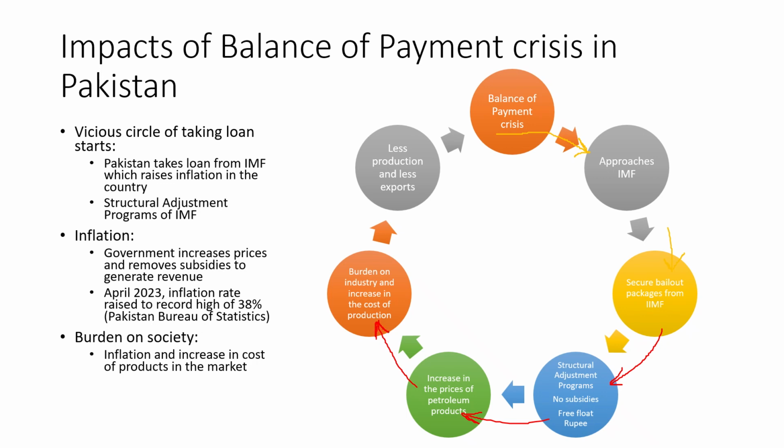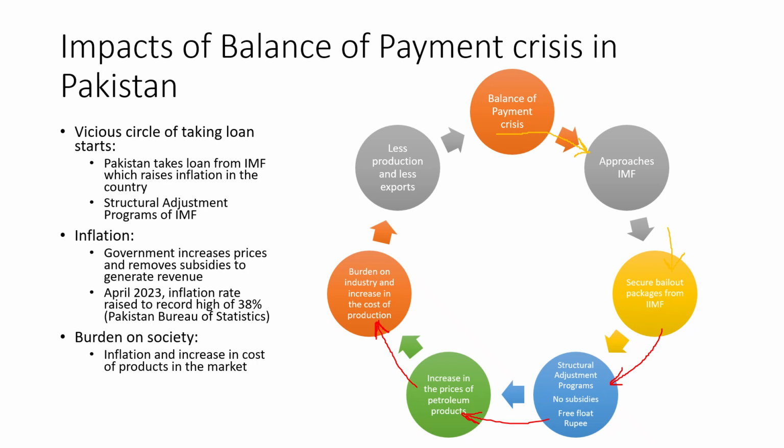Now this impact cascades down to the production cost. Industries feel the burden of the increase in the prices of petroleum products, and industries increase the cost of products also. The cost of production is increased, and to compensate for this, industries increase the cost of products.